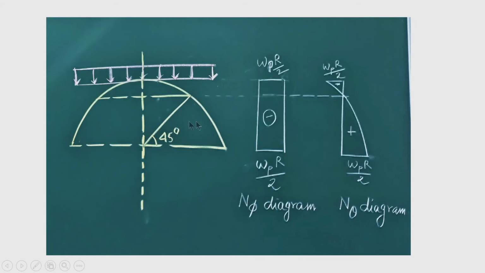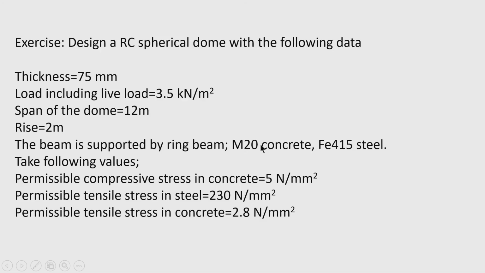So, the variation of this quantity will be like that. The n phi diagram is always compressive, and this n theta will be compressive, that is with negative sign, up to 45 degree angle of phi, and then it will be tensile, and the variation will be nonlinear, but here the variation is uniform.